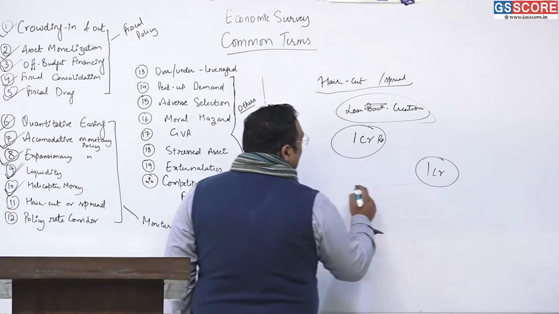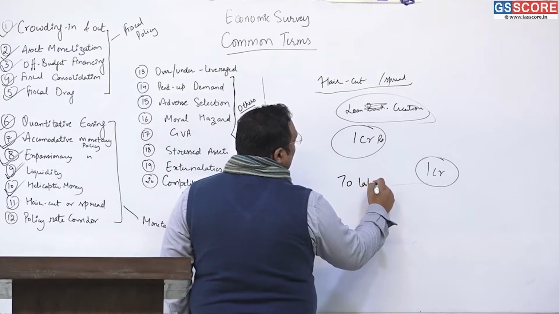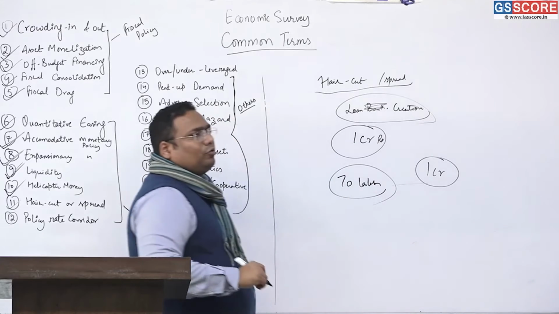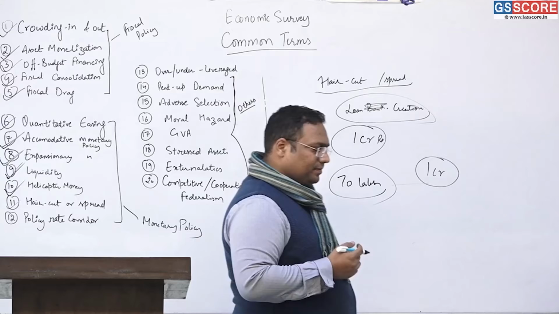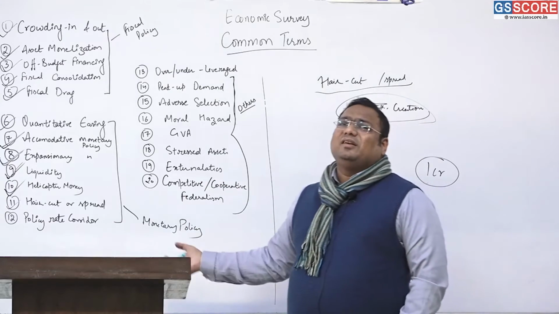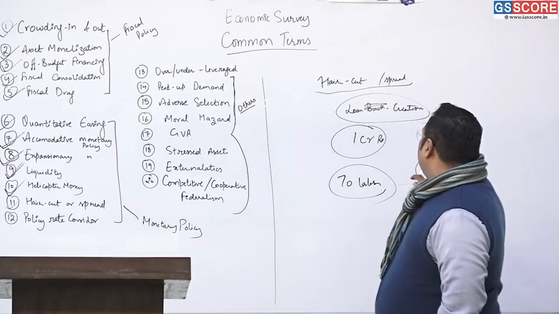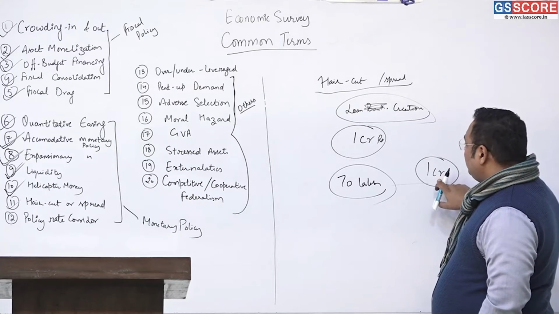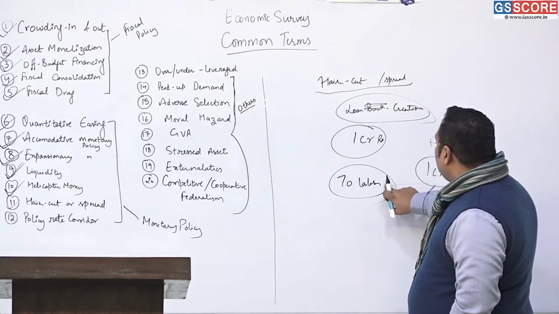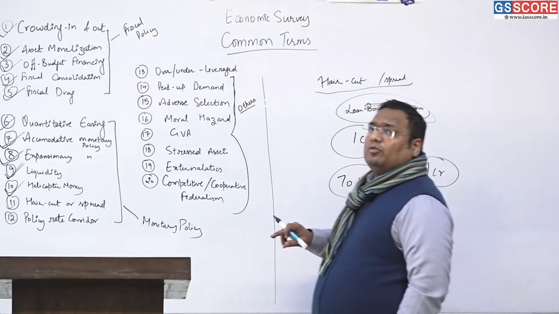We can only give a loan of 70 lakh rupees against a property of 1 crore rupees. That could be the bank's argument, because there are uncertainties obviously. So this difference between the market value of the asset and its collateral value is the spread.